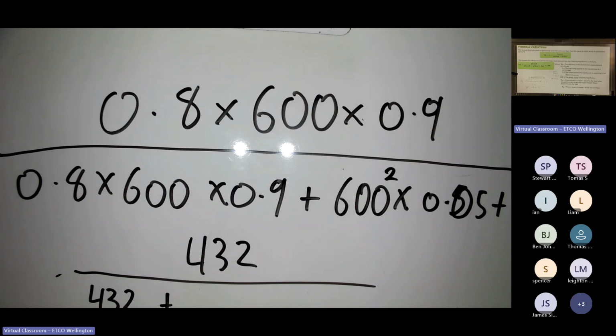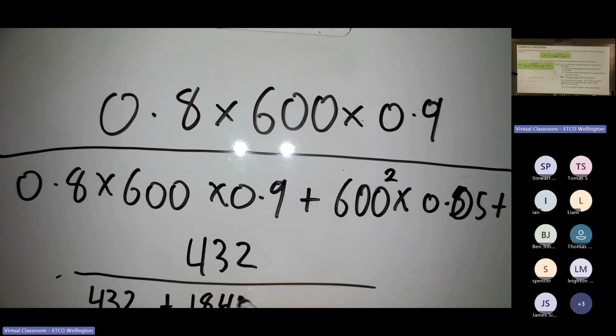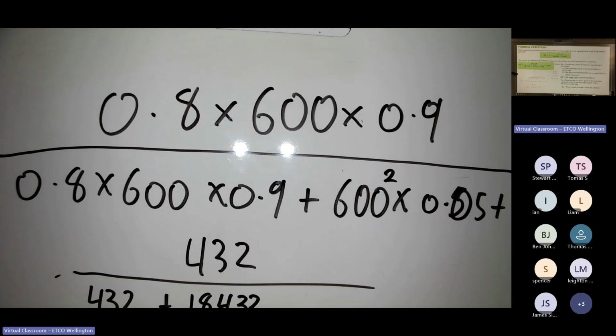That's a lot. 600 squared is a lot: 600 squared is 360,000, times 0.05 gives 18,000.